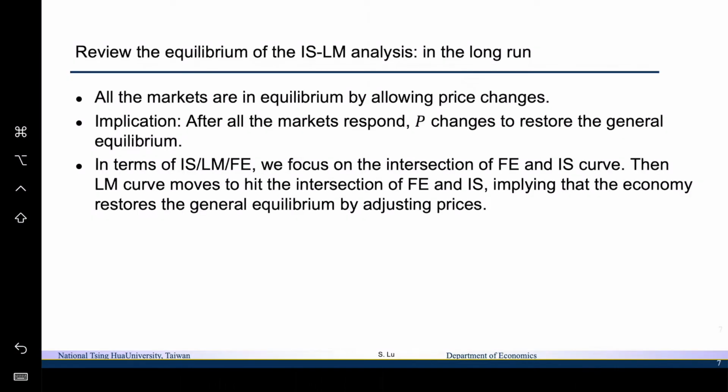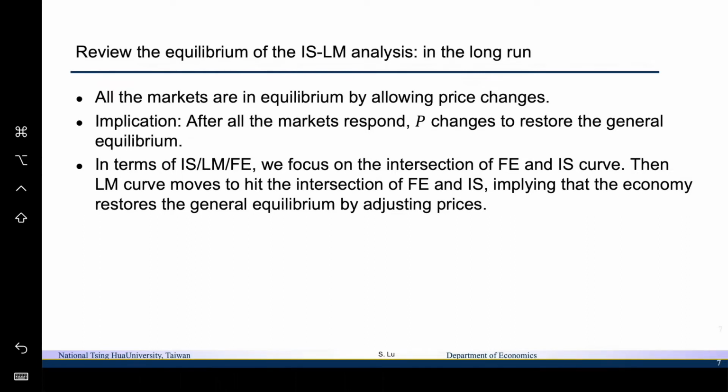How about the IS-LM equilibrium in the long run? In the long run, we assume that all the markets are in equilibrium but allow the price changes. Therefore, after all the market responses, the price, which is the P, will change at the end to restore the general equilibrium. Therefore, in terms of the IS-LM curve and the full employment line, we focus on the intersection of the full employment line and the IS curve.